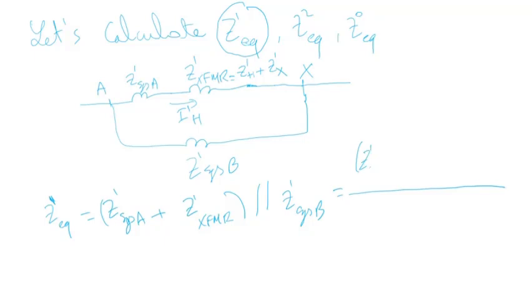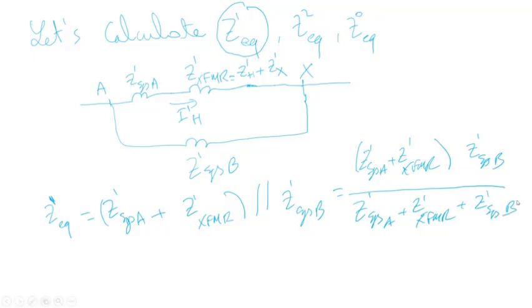So (Z1 system A plus Z1 transformer) times Z1 system B, divided by their sum, basically Z1 system A plus Z1 transformer plus Z1 system B. So basically that's the equivalent positive sequence impedance.